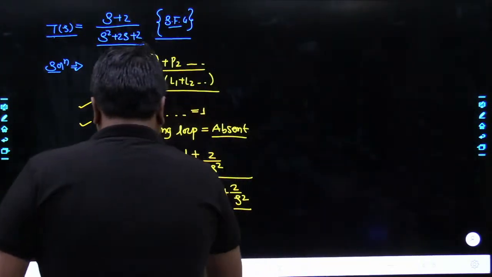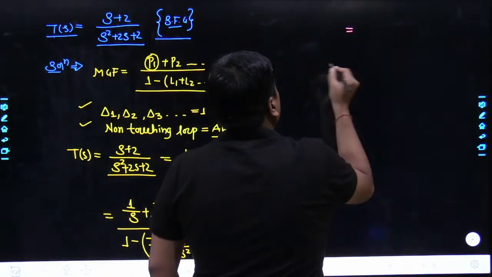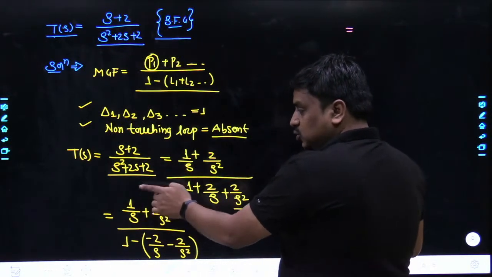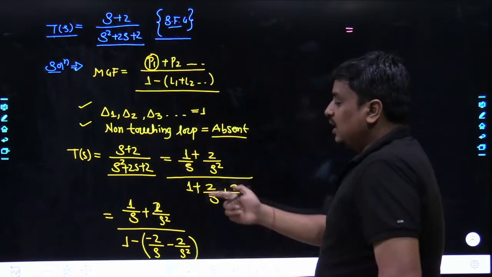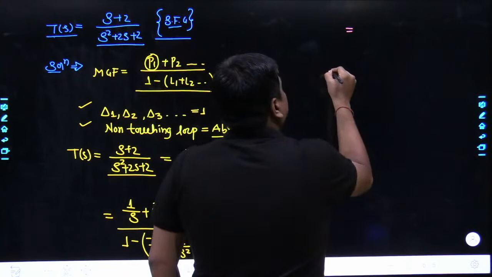So here goes the SFG. You can see very well we have two paths. The first path has the gain 1 upon S and the second path has the gain 2 upon S square.